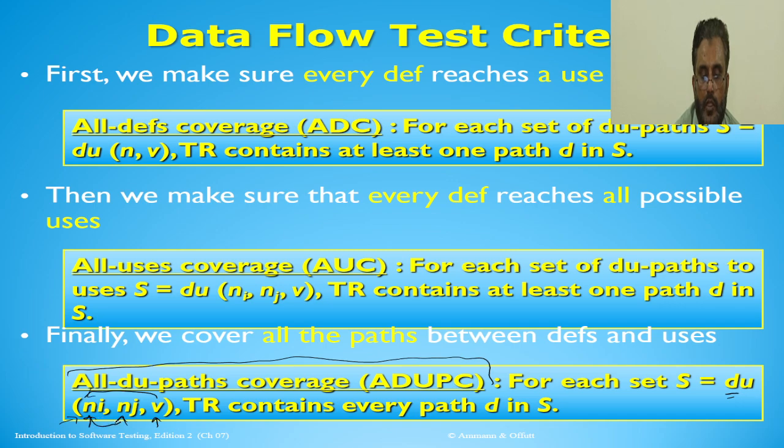It is possible, let's say, that there is more than one path that goes from this definition at Ni to node Nj. So all-du-paths coverage means we have to retrieve all those paths that are def-clear for a definition of variable v at node Ni, and go to node Nj. So let's clarify this more on the next slide with an example.